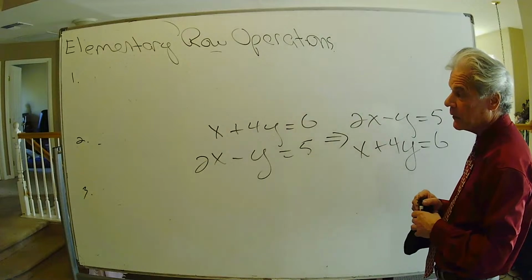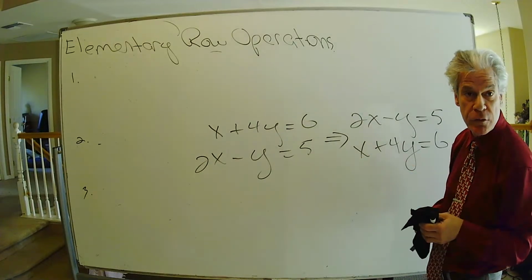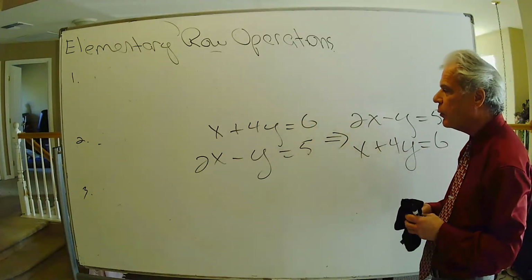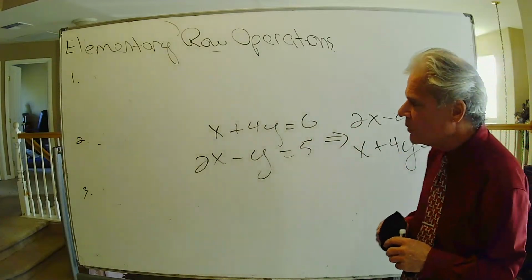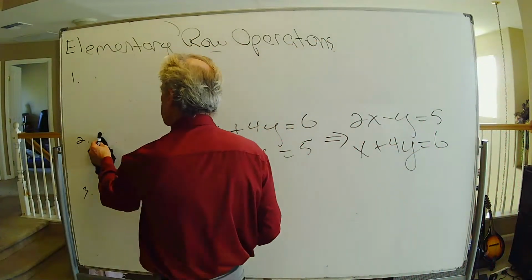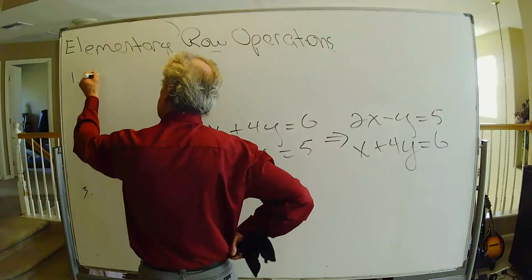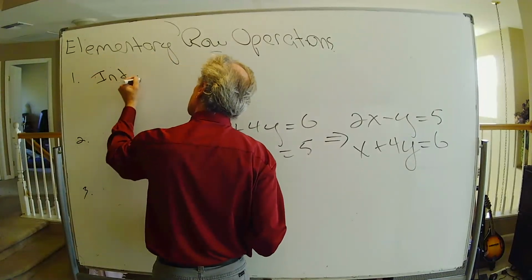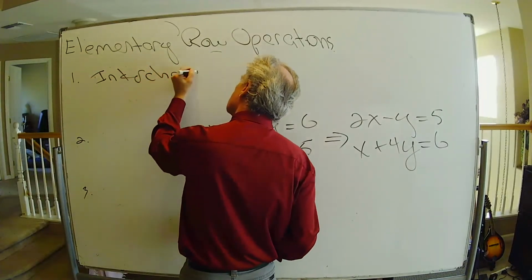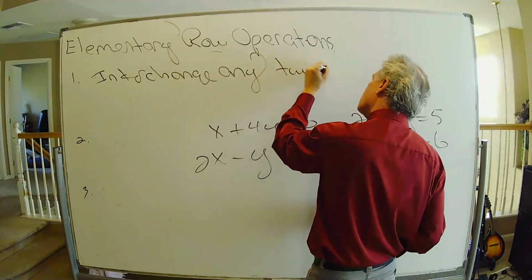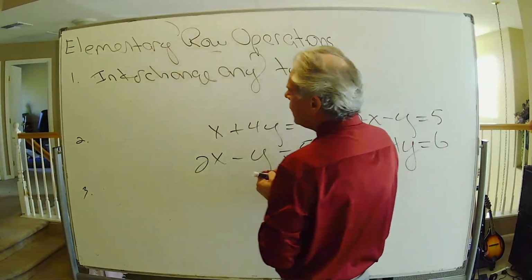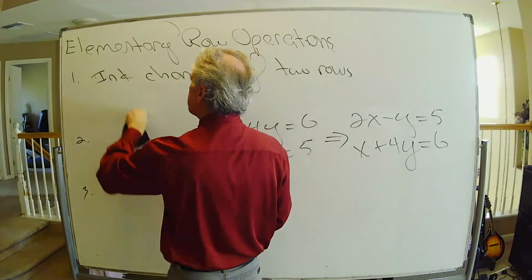Because I think the answer is, heck yes, these two systems have the same solution. Just interchanging the location of equations doesn't affect the solutions whatsoever. So in massaging an augmented matrix, my first rule is this. I can interchange any two rows. So that's one of my elementary operations.